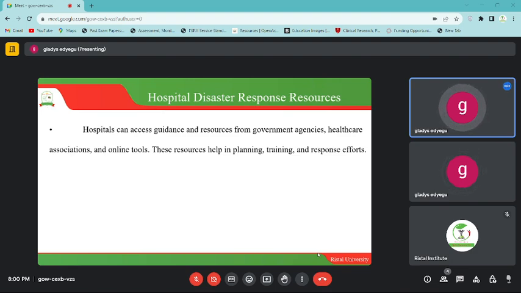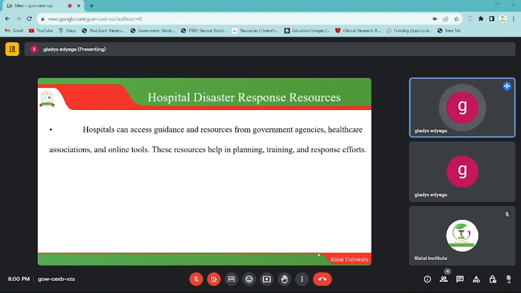The other one, after disaster has occurred, is the cycle in relation to managing disaster. The first one is preparedness, the second one is response, and the last one is recovery. When disaster occurs, we know there can be damage to our properties and even to human life.